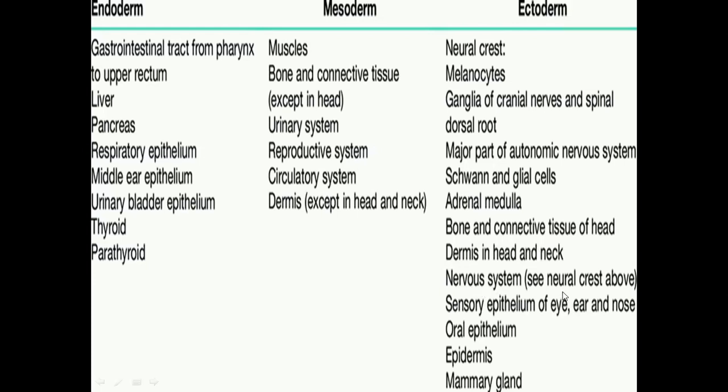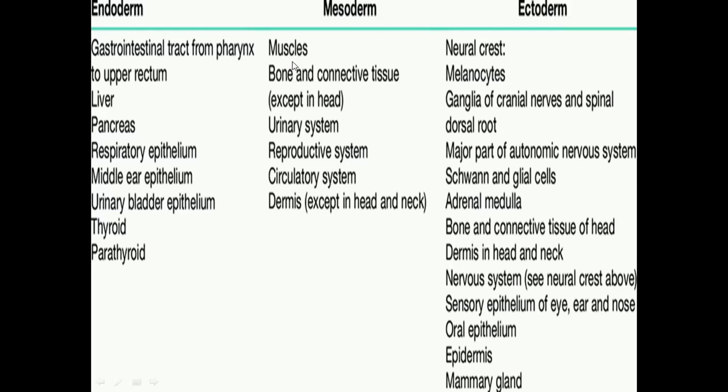Other than the neural crest derivatives, the other nervous system structures, sensory epithelium, sensors for the eye, nostrils, oral cavity, the gustatory sense, vision, and the special senses all develop from the ectoderm. Skin mainly develops from the ectoderm. Mammary gland, melanocytes, and nerve roots all develop from the ectoderm.